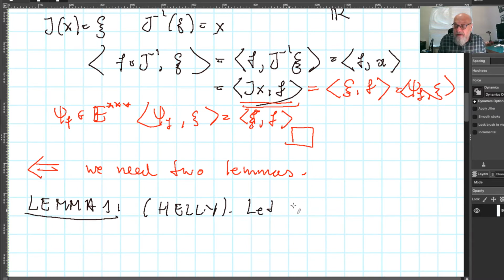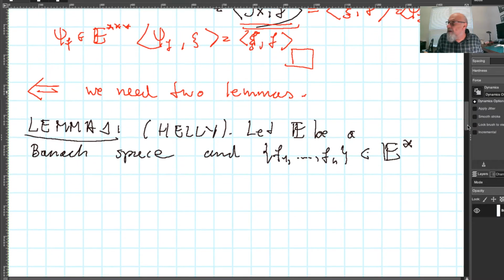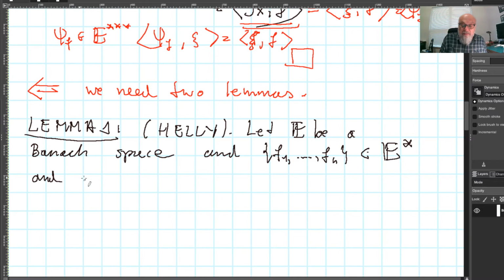Let E be a Banach space, and suppose you have a finite set of functionals f1 to fn contained in E star, and suppose gamma is a vector from R^n.